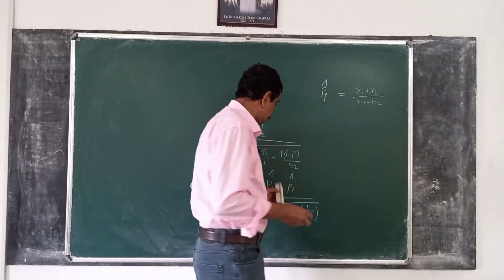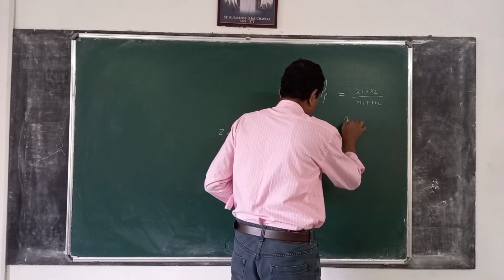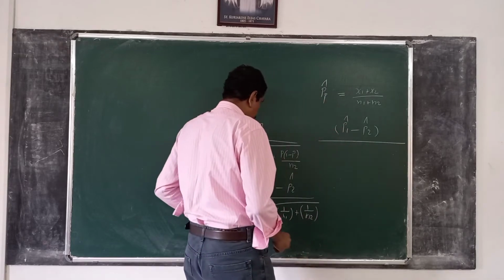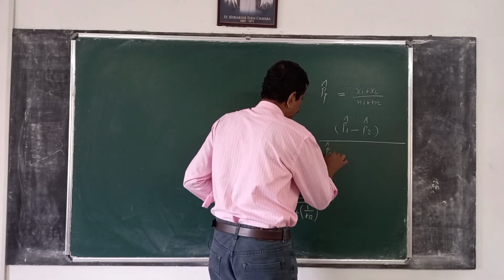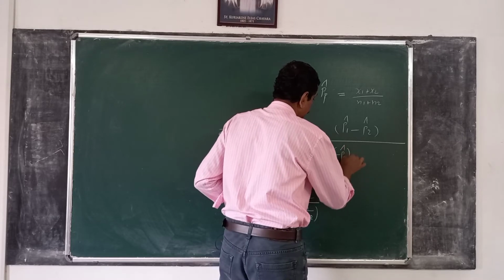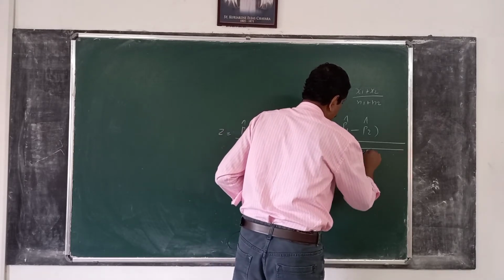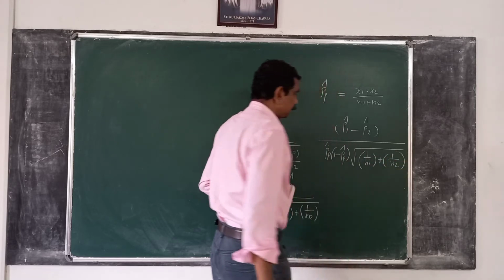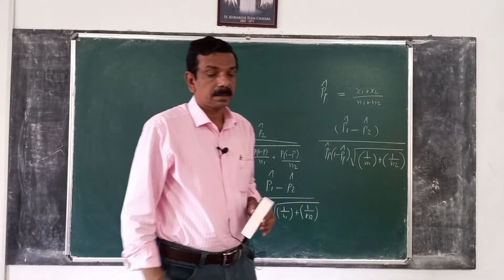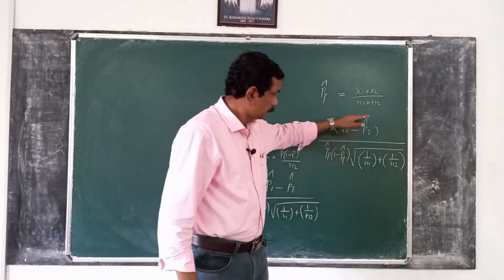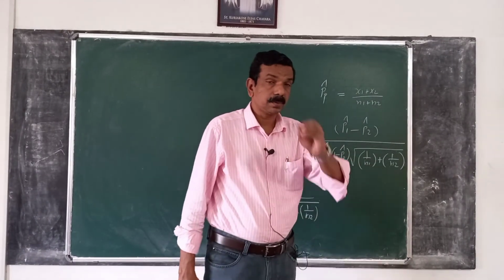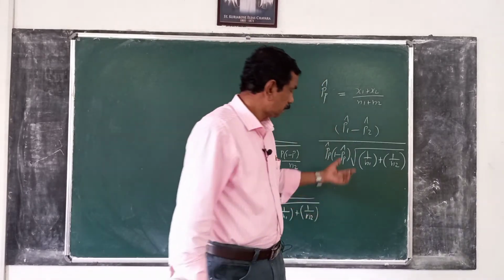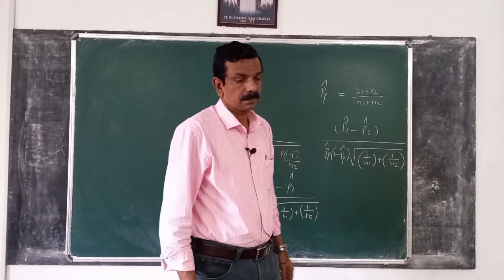Then the test statistic becomes p hat 1 minus p hat 2 divided by the root of p hat p into (1 minus p hat p) into (1 by n1 plus 1 by n2). So this is the test statistic used to compare two population proportions, and all the quantities are known in this case.